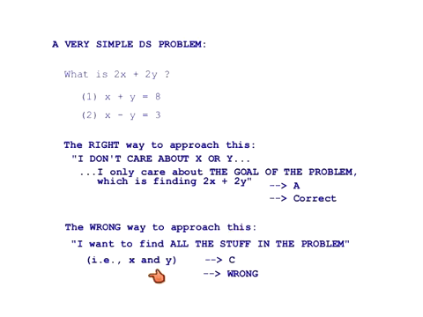And notice, if you come into this thinking you need to find x and y, you have actually gotten this wrong before you even begin doing it.